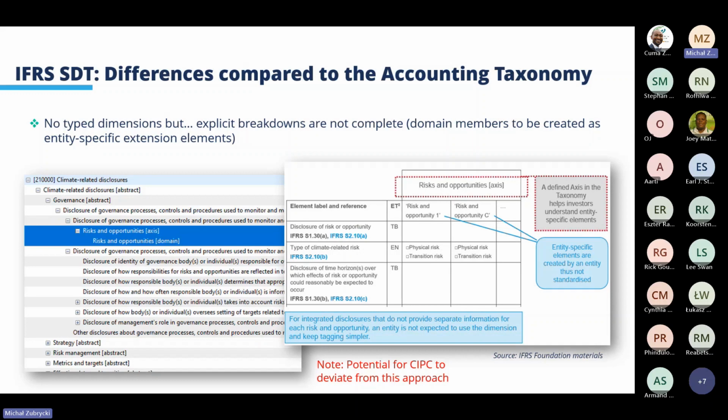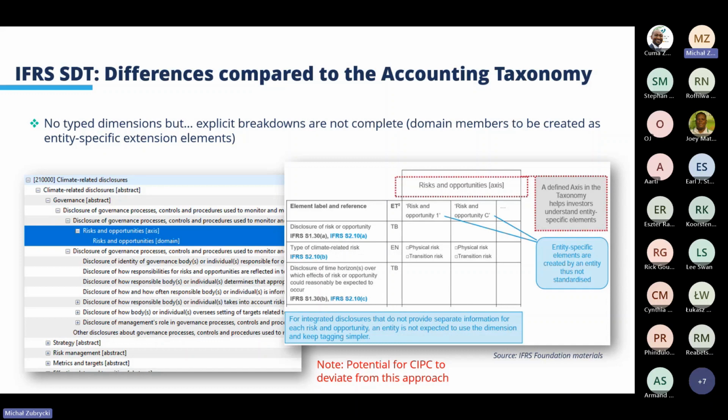filings. So at the staff draft level, the type dimensions were proposed. However, as noted from the consultation paper, the market was a bit skeptical in terms of their application, and it was viewed as additional complexity, especially so that we need to mention that the IFRS accounting taxonomy does not make use of the type dimensions.